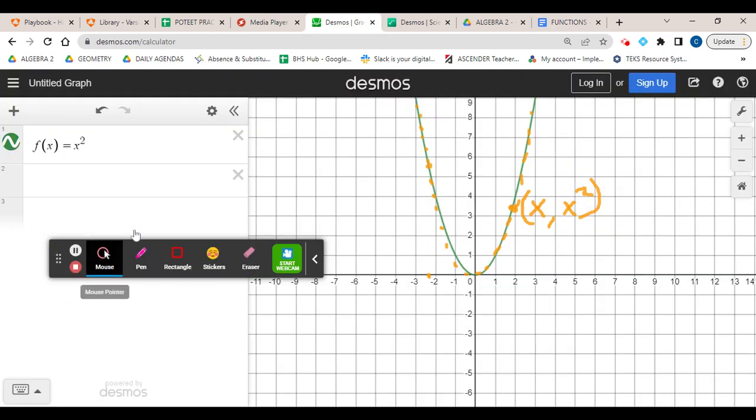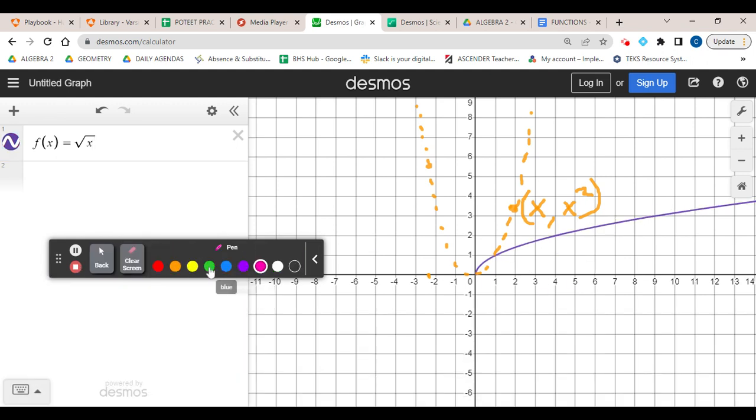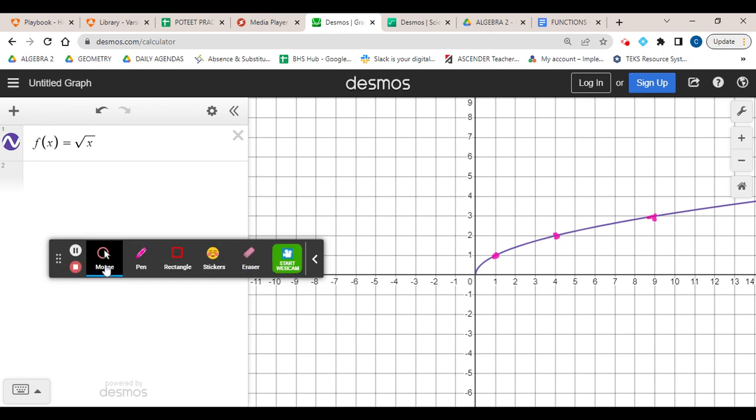So going to our calculator, if we have f of x equals the square root of x, let me clear the screen here. There's our graph, and we have 1, 1, and 4, 2, and 9, 3.